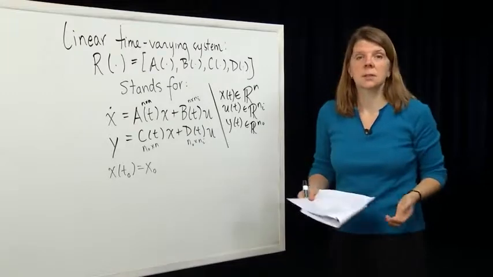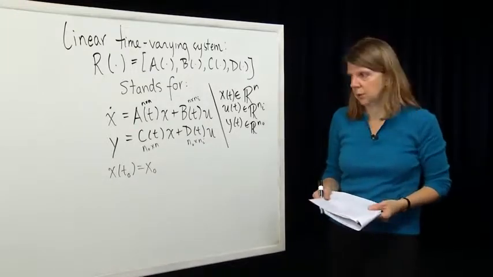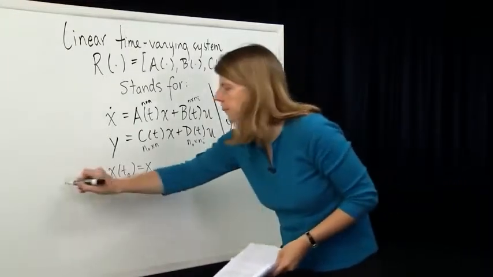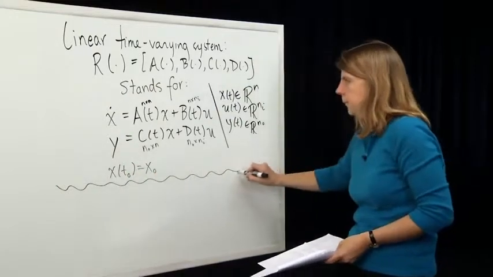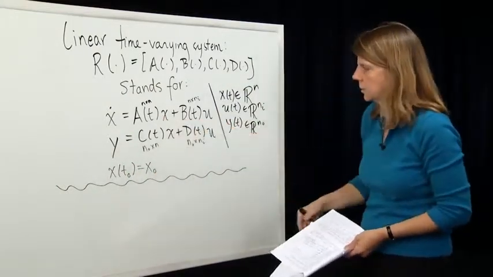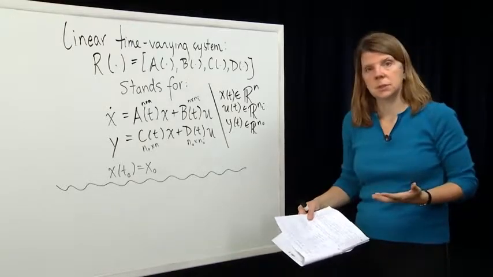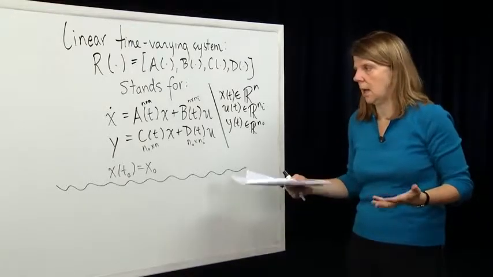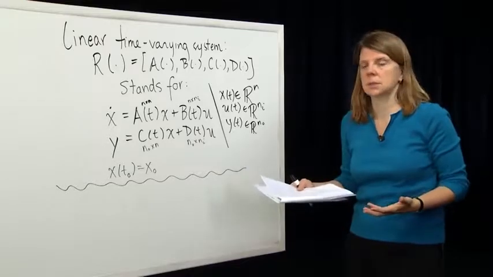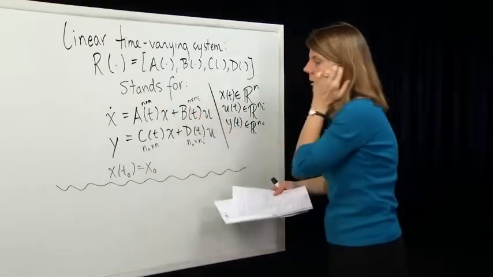So does there exist a unique solution to that differential equation? Well, let's check. So let's look at that differential equation and ask, does it satisfy a Lipschitz condition in x? So is it Lipschitz continuous in x? And is it piecewise continuous in time?